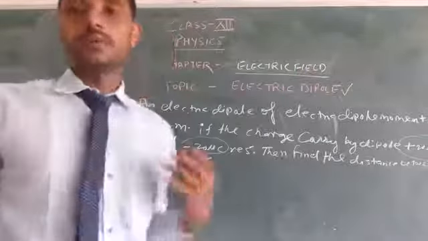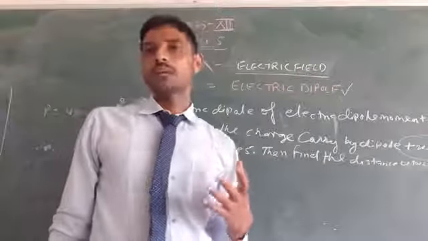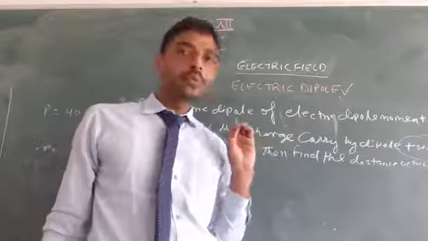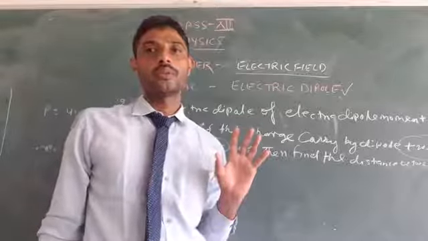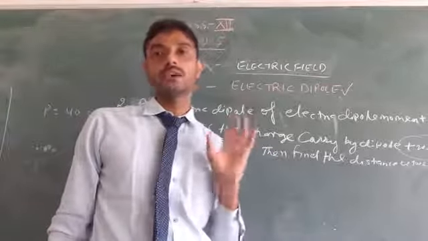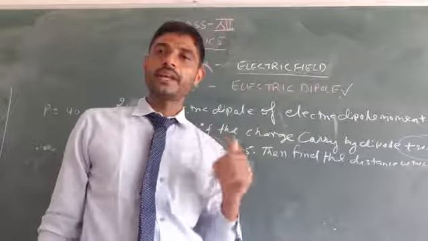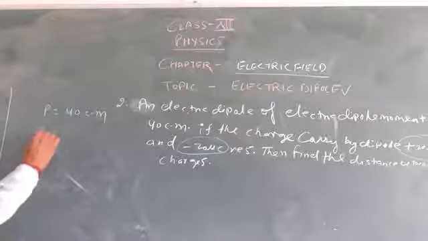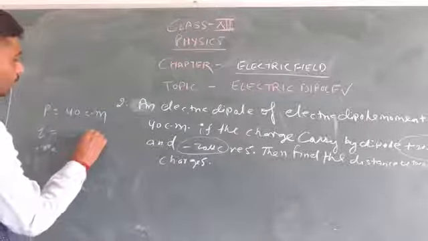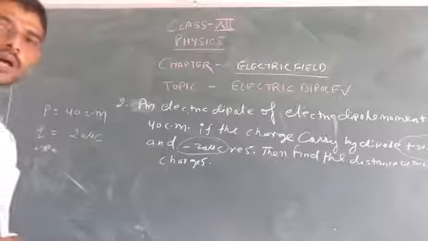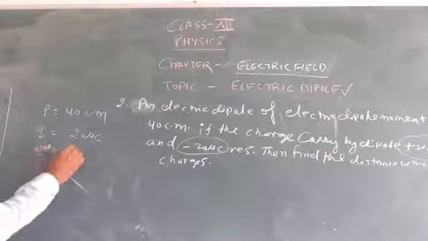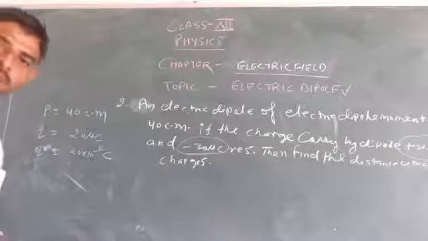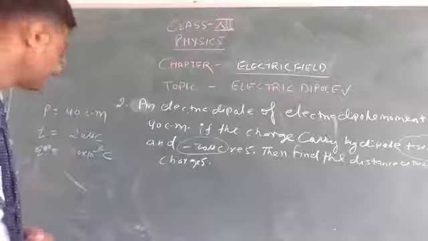We can use either value because this is a vector quantity, and the negative and positive signs represent the direction of the dipole. We have to use the magnitude of charge. No need to take the sign. So Q equal to 20 microcoulomb, which is 20 into 10 to the power minus 6 coulomb. This is the value of charge.